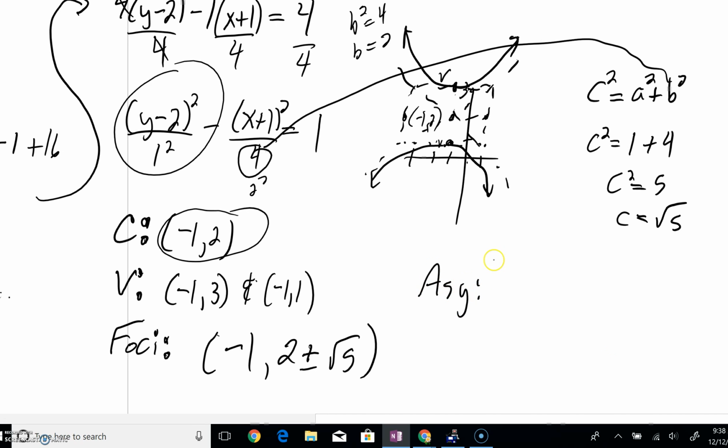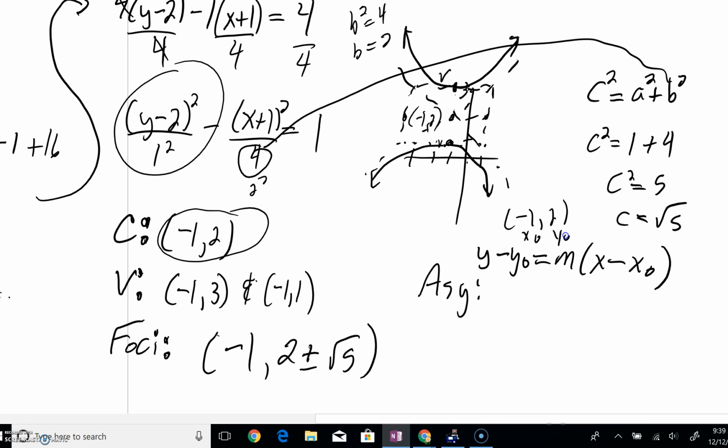And for asymptotes, we said, look, if you don't have your situation where your center is at the origin and you can use y equals mx plus b, you have point slope. You're going through the center, guys. Your center is a point in common for both of those.